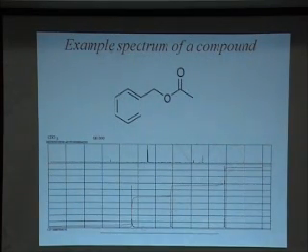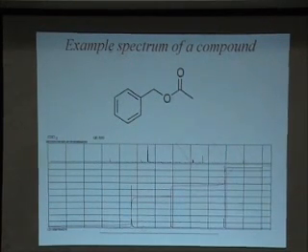And the ratio of the integrals, or the areas of these peaks, will be in the same ratio as the number of protons from which the signal is coming. So the ratios will be, this will be 5, this will be 2, and this will be 3.